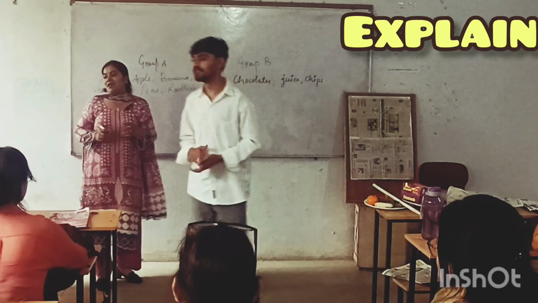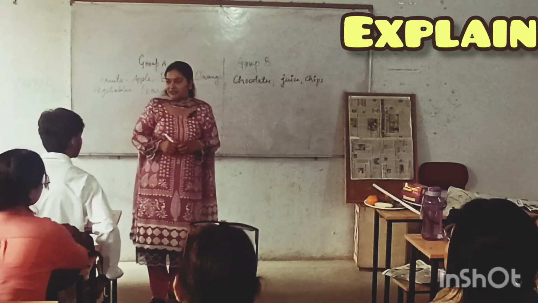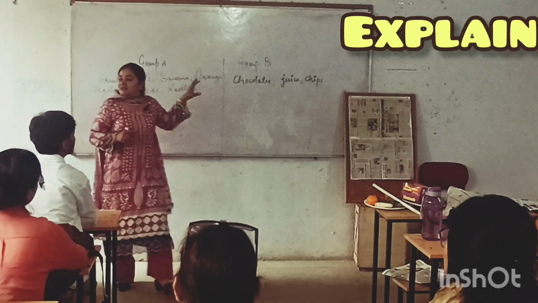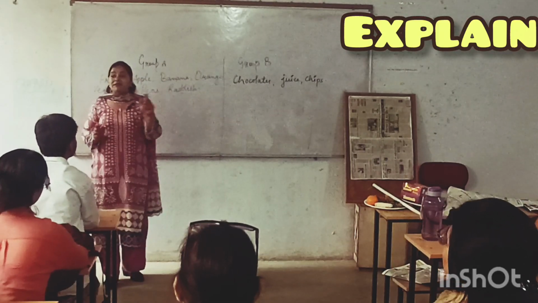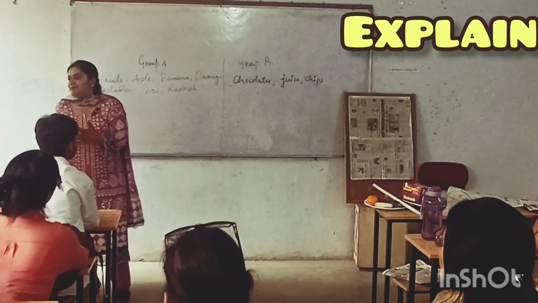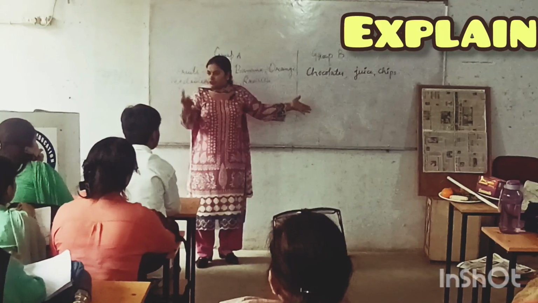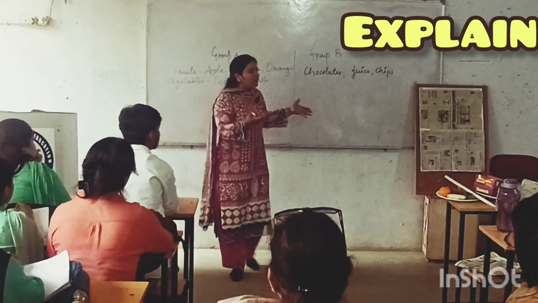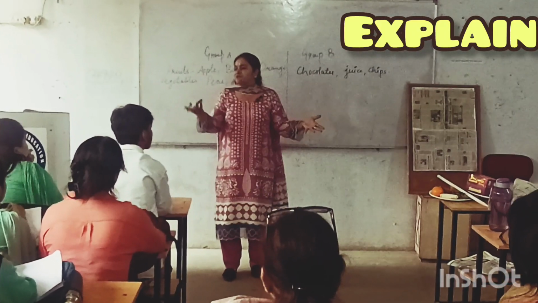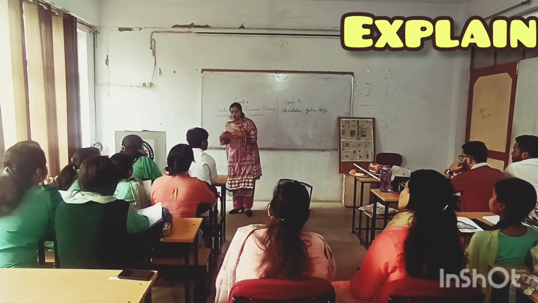So group number B has observed chocolates, chips, packed juices. So that means these are the things, just tell me, which are very harmful for our body. Like junk food, chocolates, packed juices, even the consumption of alcohol or drugs. So these things are very harmful for our body.